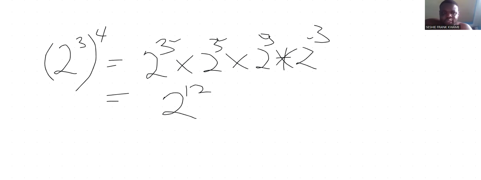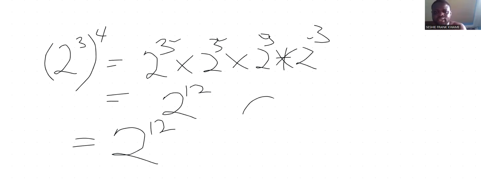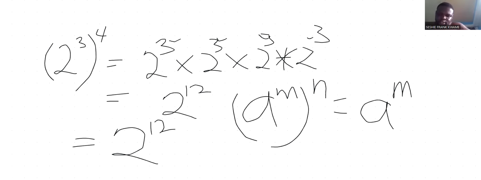Adding the same exponent repeatedly is the same as 2 exponent 3 times 4, which is 12. So (a index m) index n is a index m times n. You multiply the exponents. Simple as that.